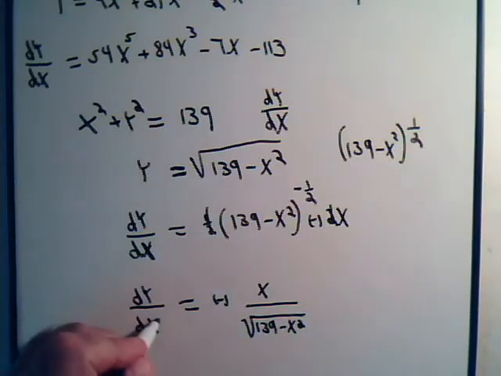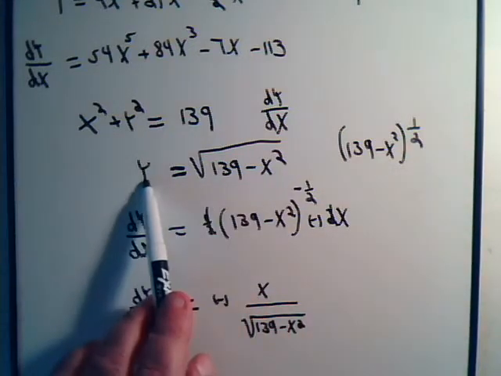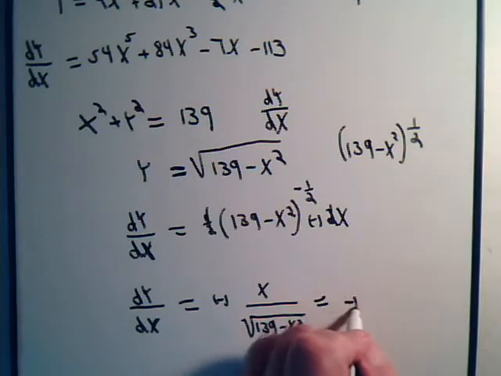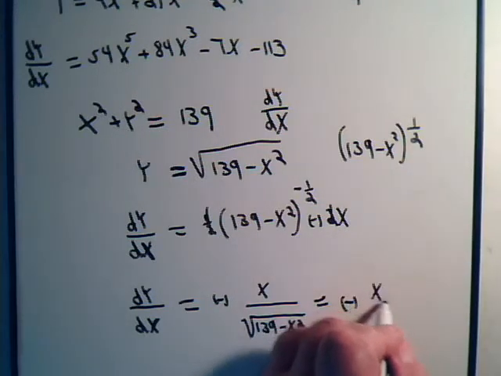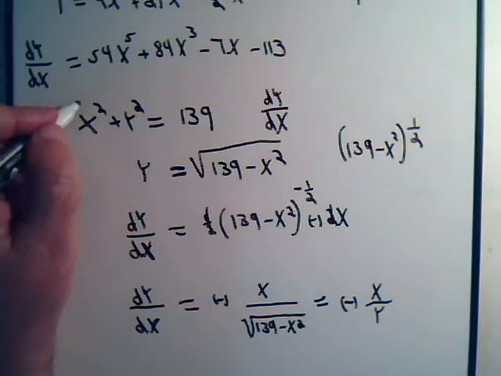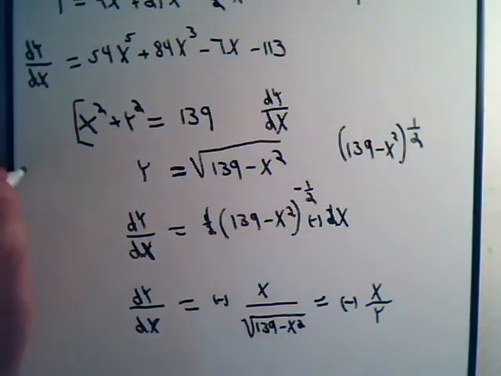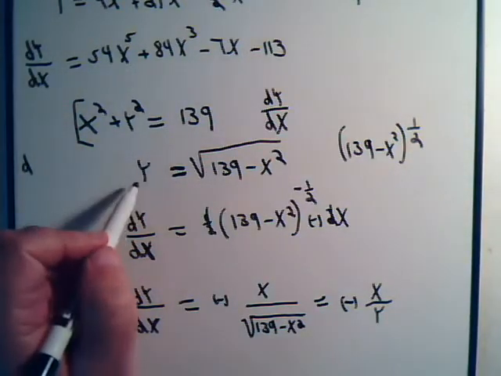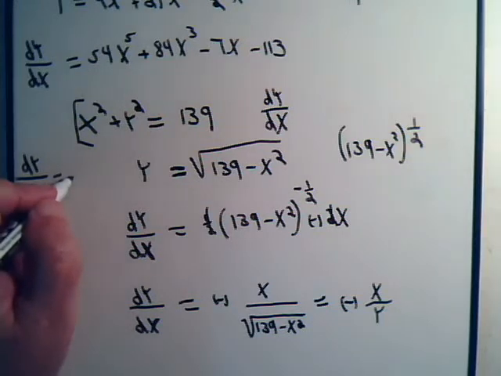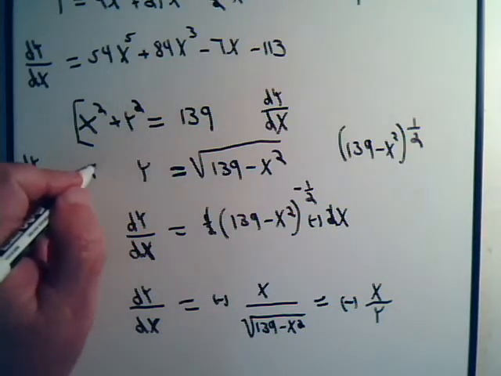And that is true. And then you might go back up here and recall, wait a minute, this is just y. So this equals minus x divided by y. So for this equation, we wrote it explicitly in terms of y, and we determined that dy dx equals minus x divided by y.